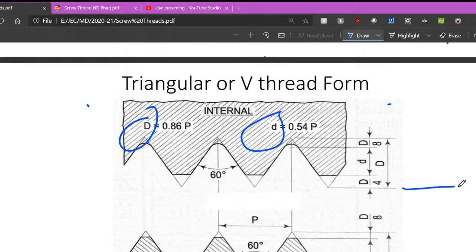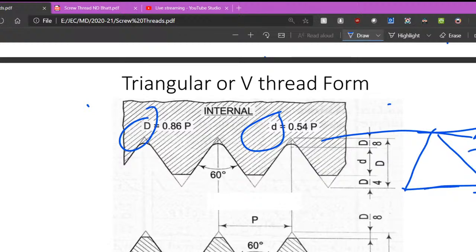So theoretical diameter from this to D, we can take it as theoretical depth, not diameter, theoretical depth. So this should be your capital D from crest to root.